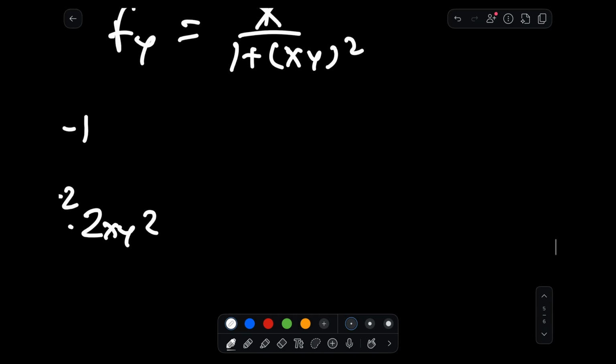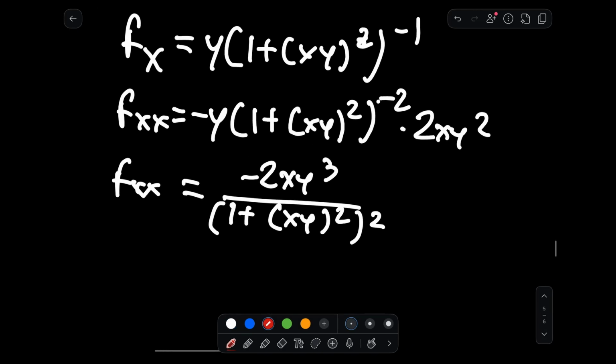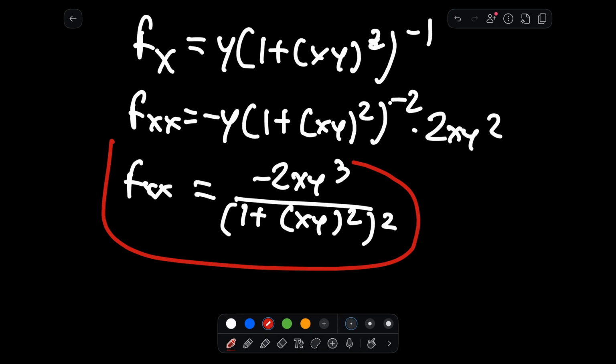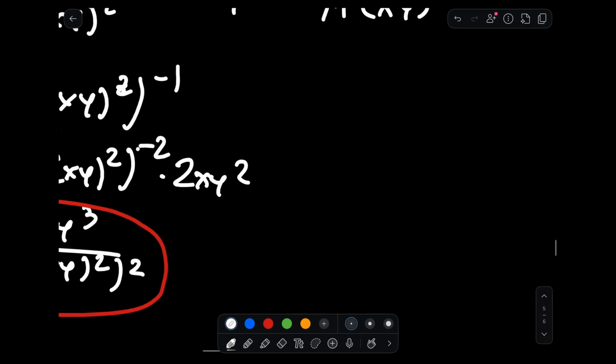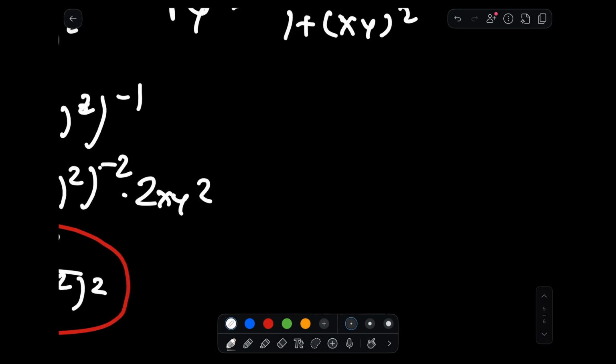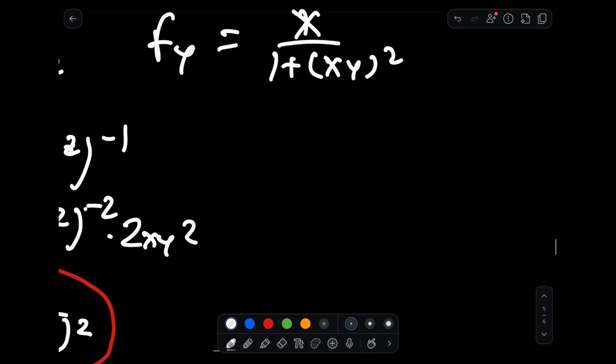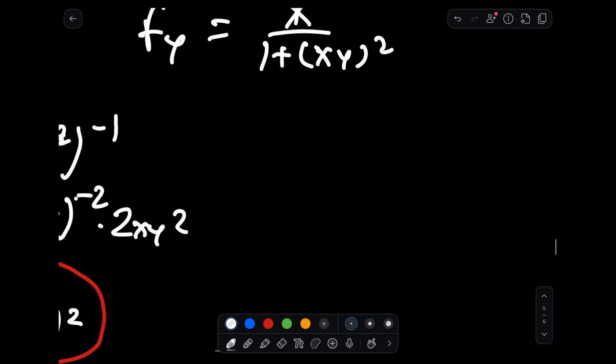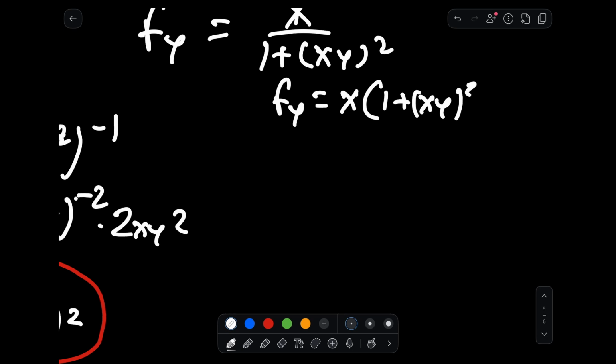And then f sub yy, we can actually just box this in as our first partial derivative, and we have 2 more to go to solve, but 3 more to get the answers for f sub yy. Let's move it a little bit over here. Let's rewrite it the same way because I am not going to be doing quotient rule. I am not a fan of the quotient rule at all.